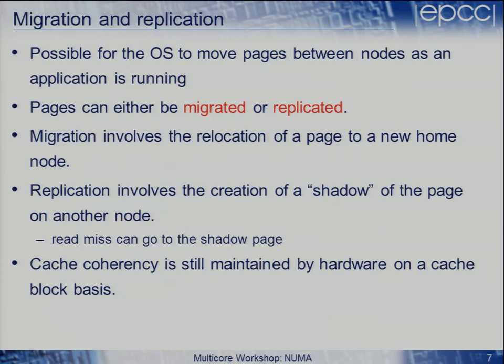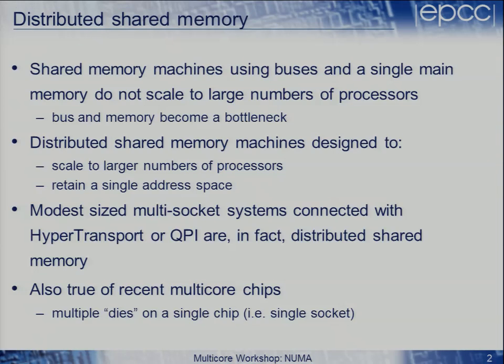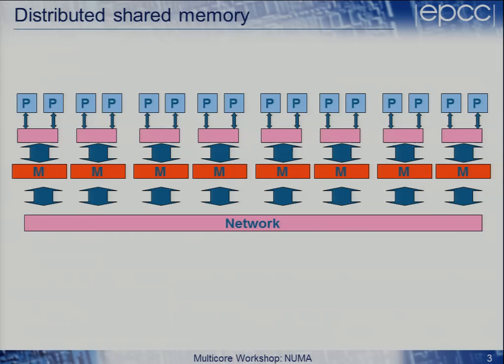Memory is actually allocated on a page-by-page basis, where the page on a normal system would be a few kilobytes. On HPC systems, it could be megabytes. But there's a quantum of memory which is allocated.